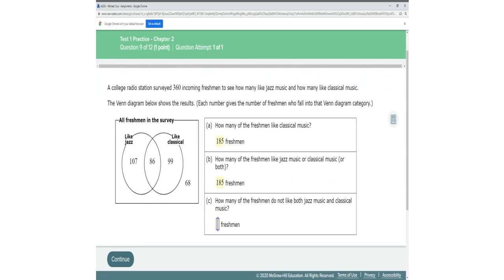Okay, so what does that come out to? 274? I'll take your word for it. It's the 107, the 99, and the 68. So 106. Oh, it's 107. So yeah, 274. So everything but the 86.